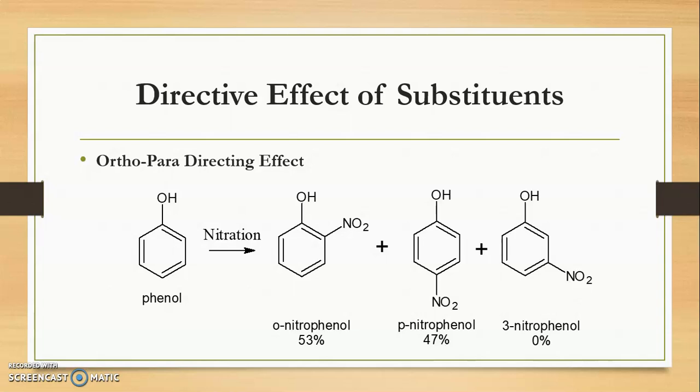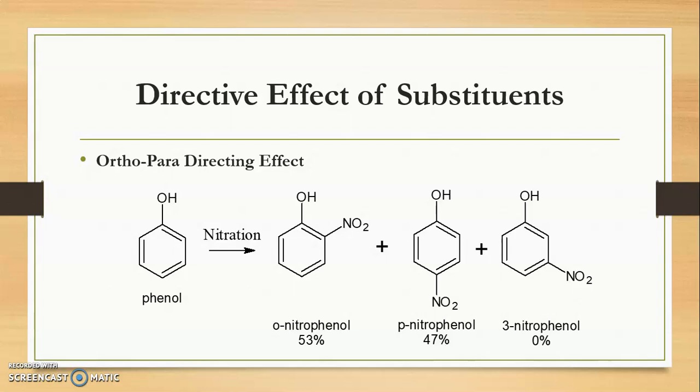Many examples are there which will carry out the direction of the incoming electrophile towards the ortho or para position. Also, these ortho-para directors are generally considered as activators, meaning they increase the speed of the reaction as compared to benzene. So if we compare the reactivity of phenol and benzene, phenol is more reactive in terms of electrophilic substitution reaction, because the hydroxyl group is considered an activator.